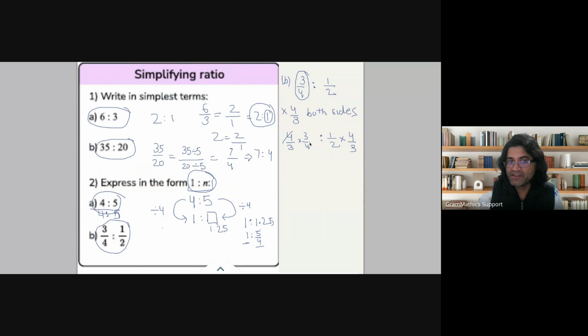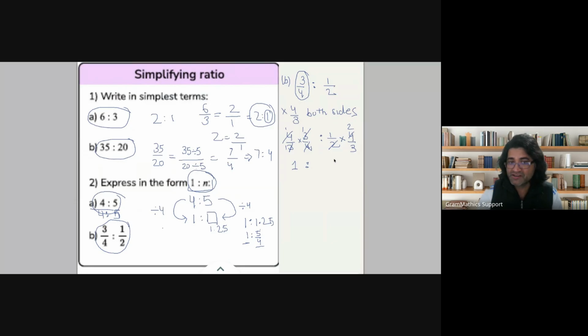So this 4 gets cancelled, 1, 1. This 3 gets cancelled, 1, 1. So this is essentially 1. And in terms of ratio here, I can cancel this 4 by a 2. You know all this, right? Cancellation. Because we are just having multiplication and division, we can cancel out the common factors.